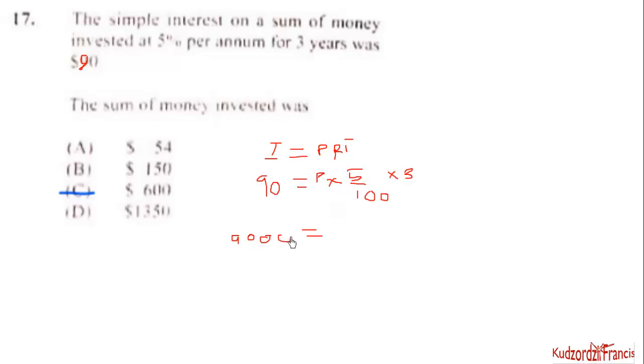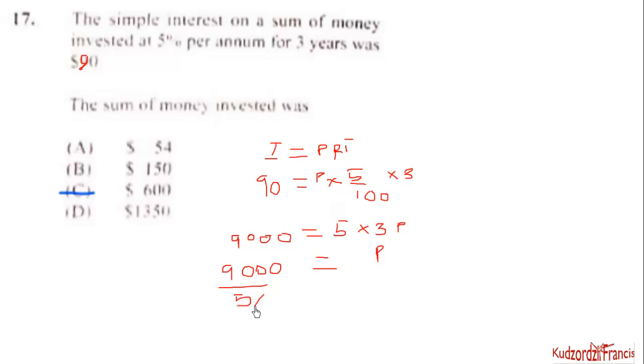Then we divide both sides by 5 times 3. So when you divide both sides by 5 times 3, P will be equal to 9,000 over 5 times 3.